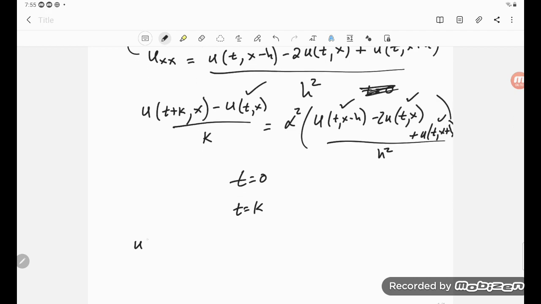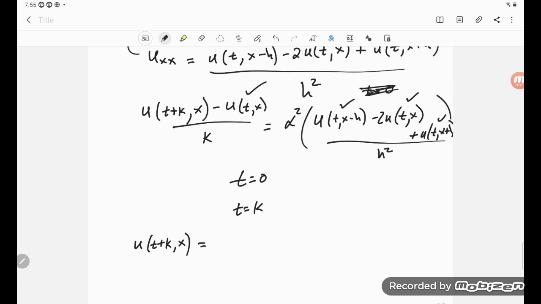And so what I have is u of t plus k, x is equal to, well, I need to multiply both sides by k if I'm going to solve for that.